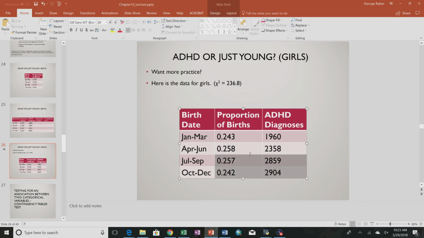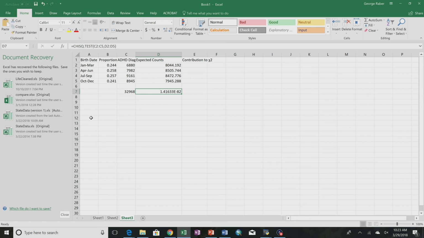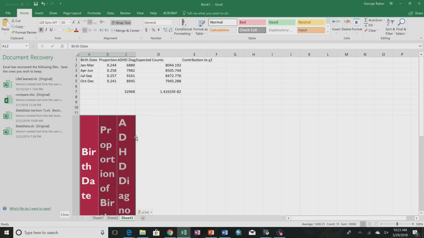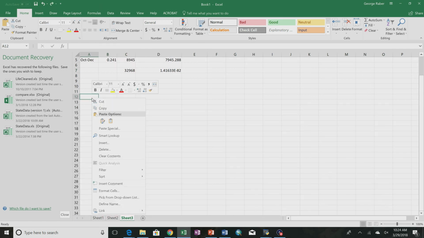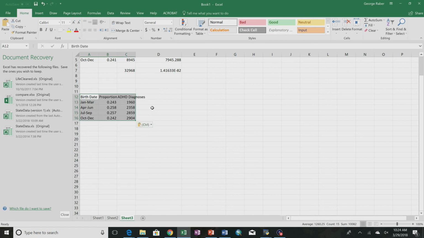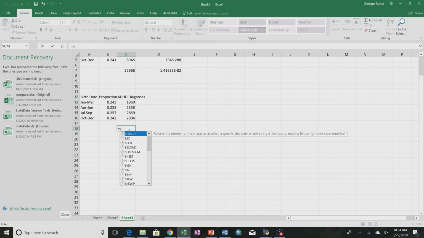Now, here's just a second example with boys instead of girls. So we could do the same thing. And these are the proportion of girls born each of those months. So for the expected, we would sum those up.